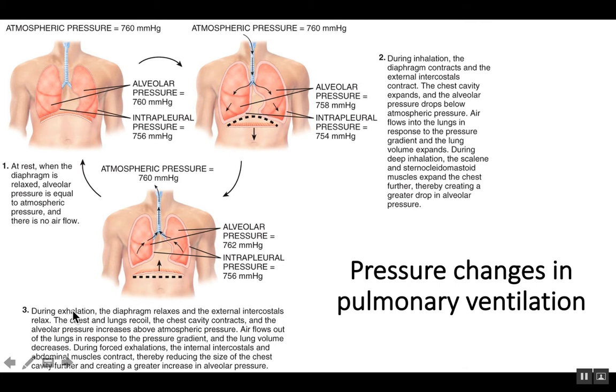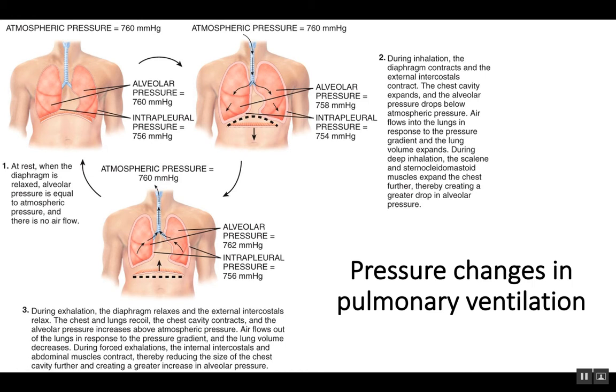Now we go to stage 3, exhalation. During exhalation, the diaphragm relaxes, external intercostals relax, the chest and lungs recoil, so the lungs are going to recoil inward, the chest cavity contracts, and the alveolar pressure increases above atmospheric pressure. So now the inverse occurs.